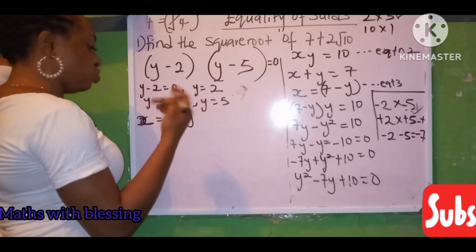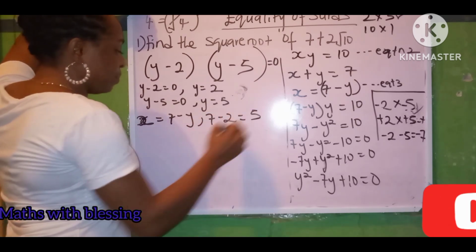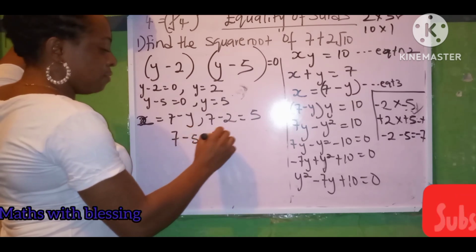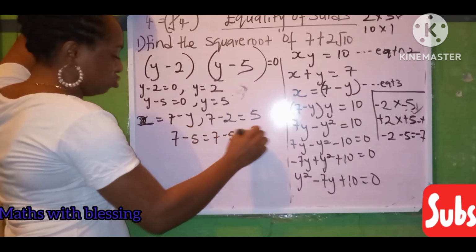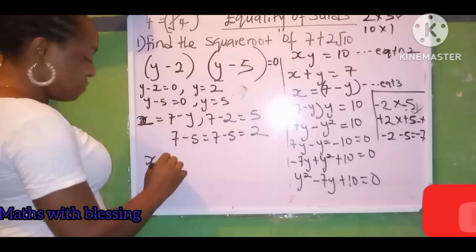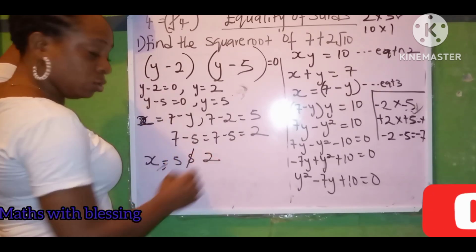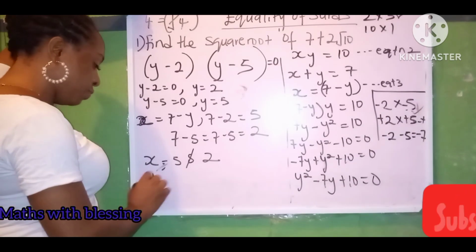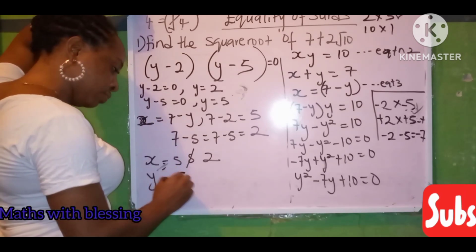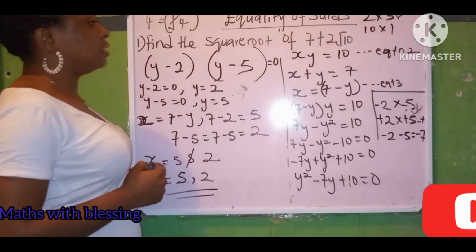When y is 2, we have that 7 minus 2 is equal to 5. And when y is 5, we have that 7 minus 5 is equal to 2. So the possible values of x are 5 and 2, and the possible values of y are 2 and 5. So this is the answer.